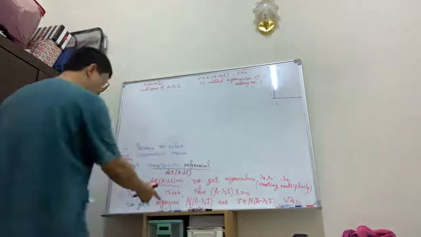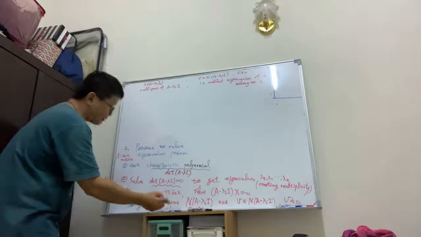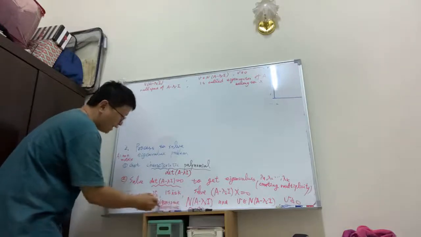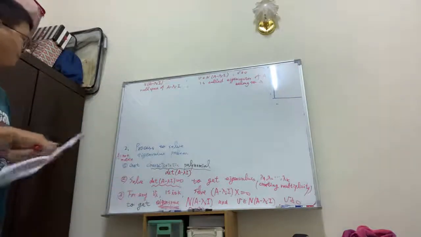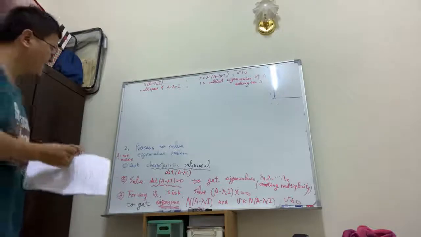And the null space of A subtract lambda I we also call the eigenspace.